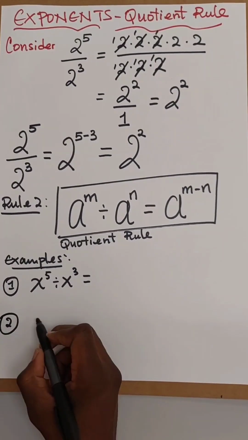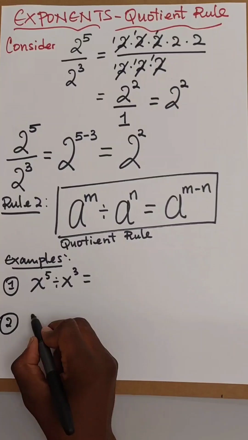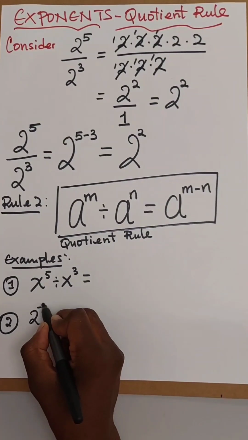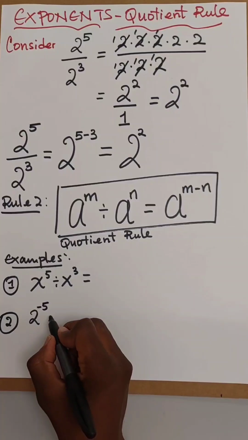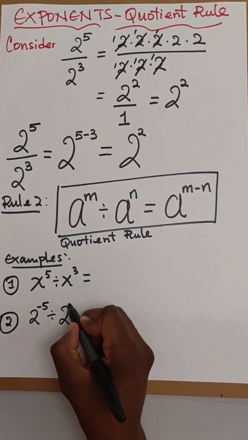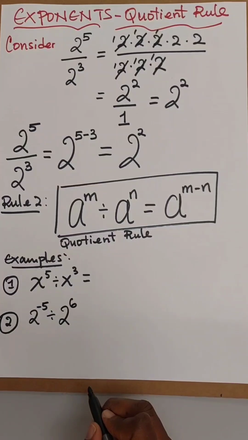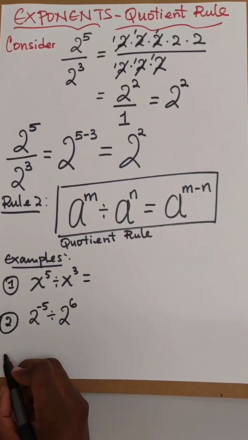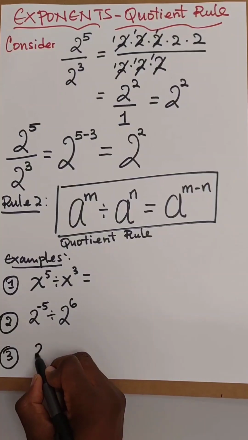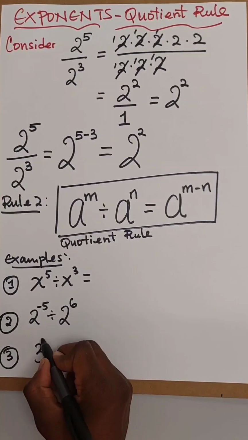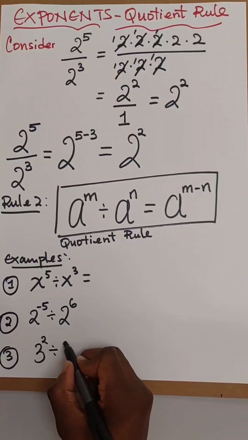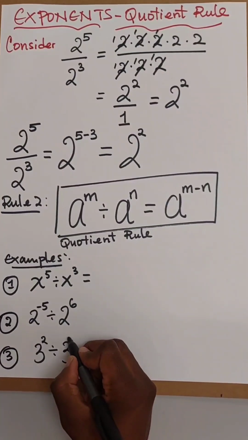Number 2, we want to divide 2 to the -5 divided by 2 to the 6. We want to divide 3 to the 2nd by 3 to the 5th.